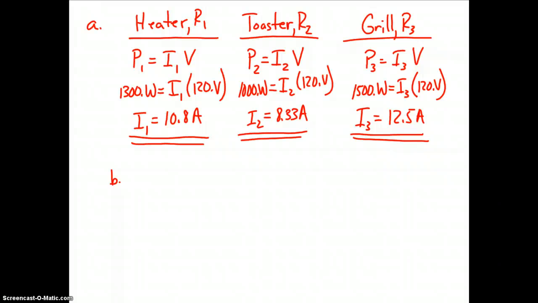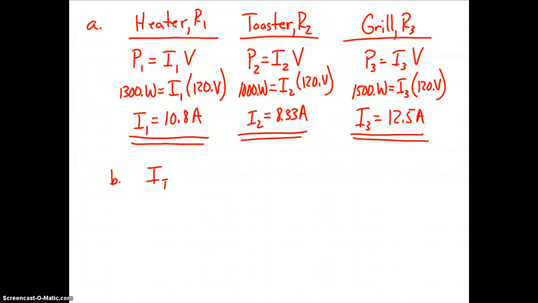What they're really telling us is that the total current limit on this particular circuit is 30 amps. If that total current is exceeded, the circuit breaker flips an electromagnetic switch and turns the circuit off because it's exceeding a safe level of 30 amps.